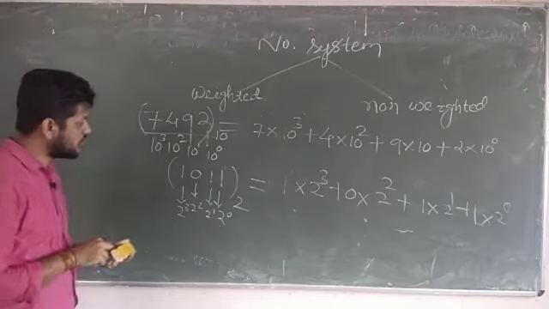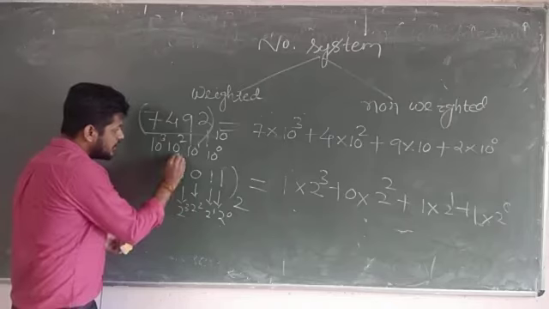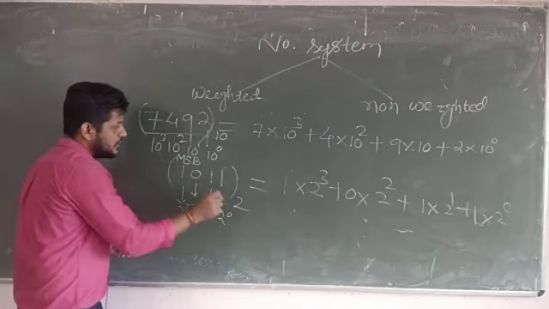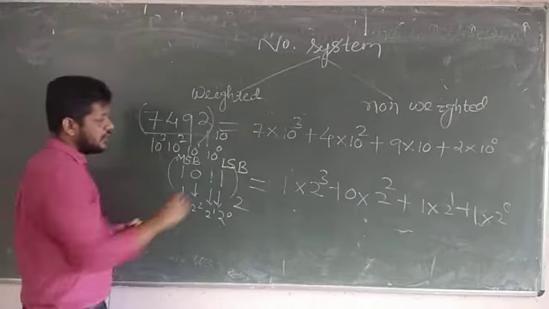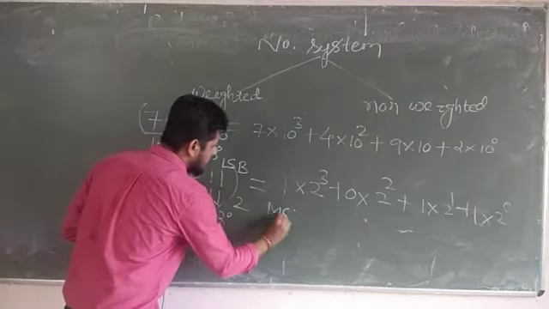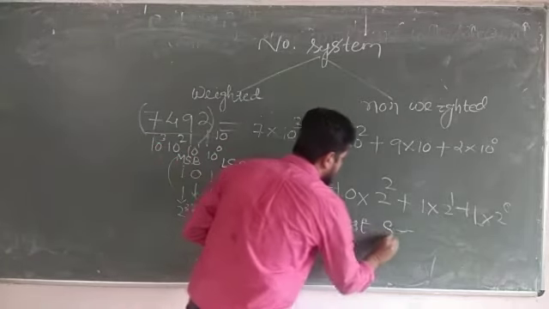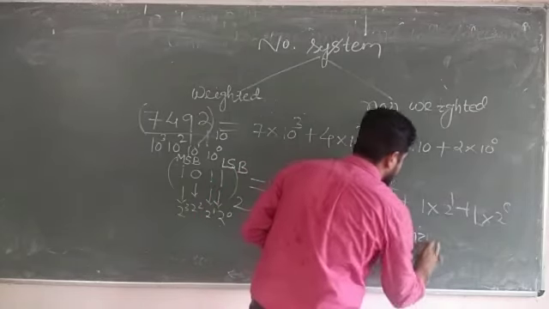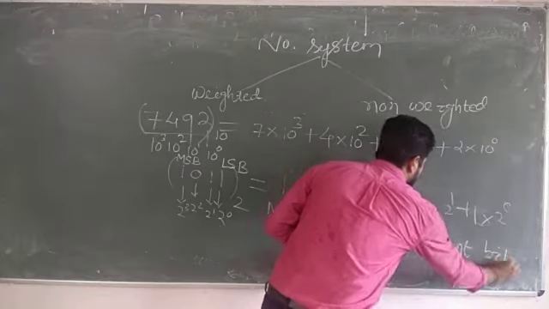So always remember, this number having the highest weight is known as MSB. MSB means most significant bit, and this number is LSB, least significant bit.